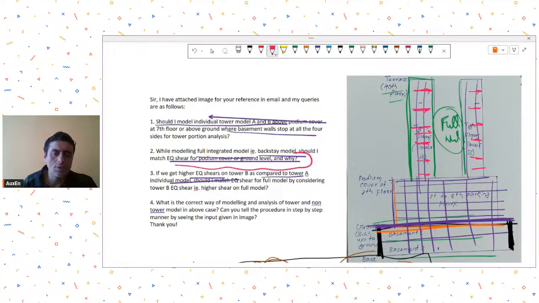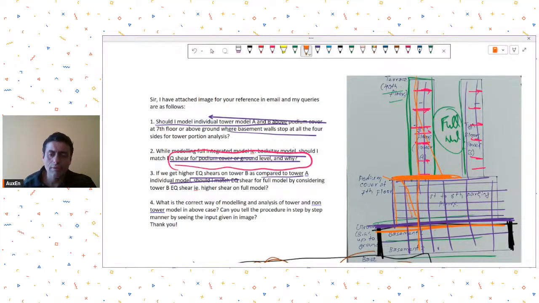Now the EQ shear, we have already tried to answer this: you should try to match the EQ shear wherever the backstay effect is such that there is a reversal. So if you get reversal at the podium, then in my opinion you can match the shear at this level.